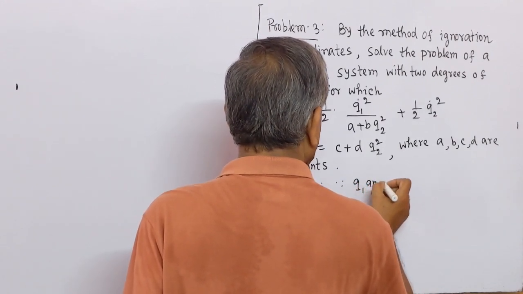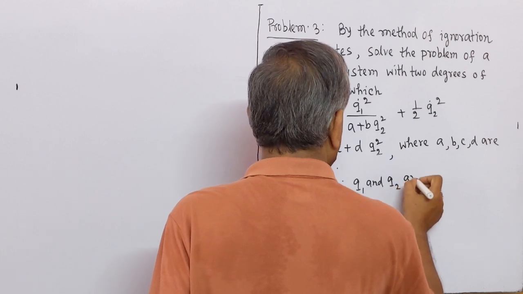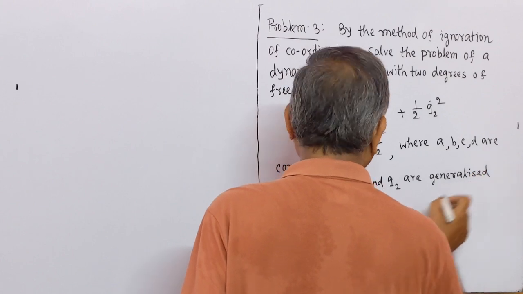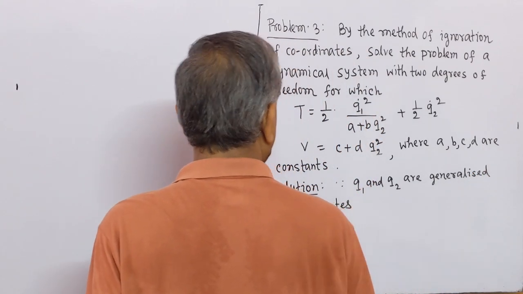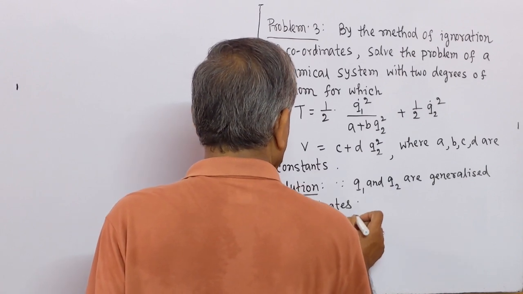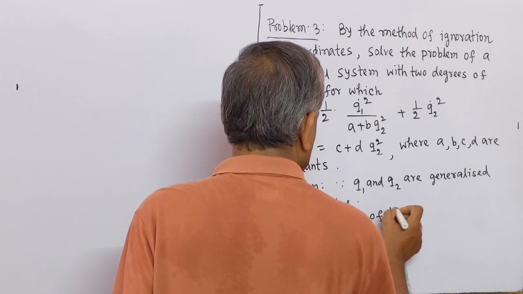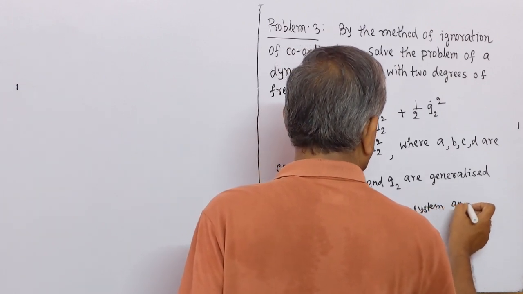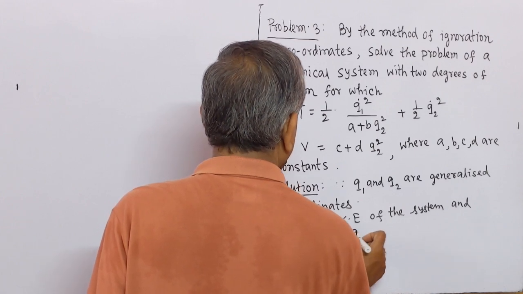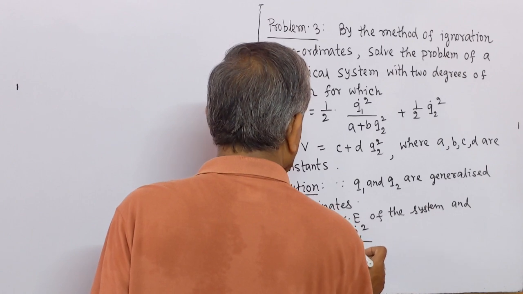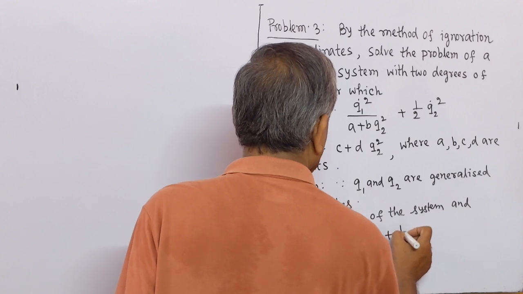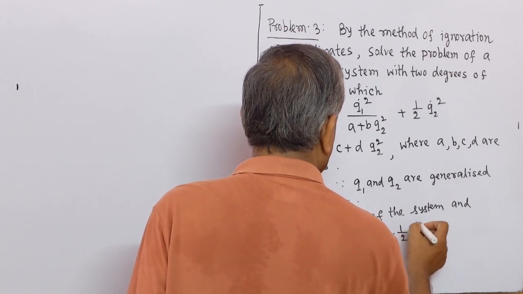Since Q1 and Q2 are generalized coordinates, let T be the kinetic energy of the system. T equals half Q1 dot square by (A plus B Q2 square) plus half Q2 dot square.